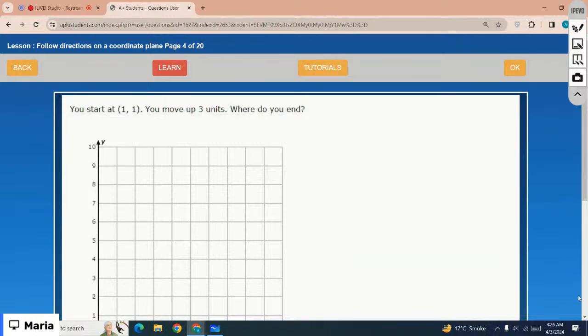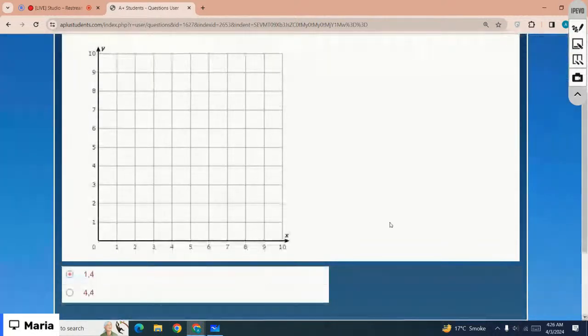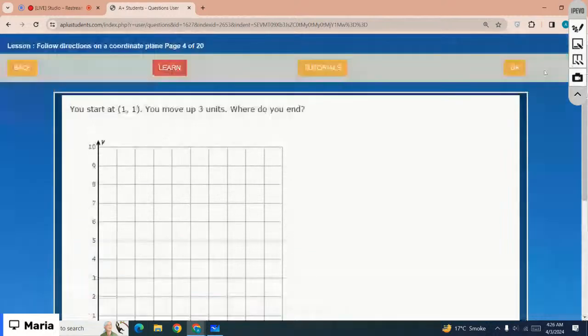The correct option is (1, 4). You have to add 3 to the y coordinate. So the correct option is (1, 4). Option number 1 is the correct option, right?